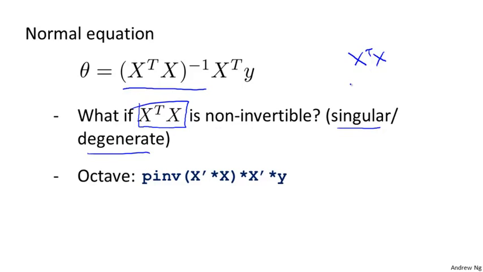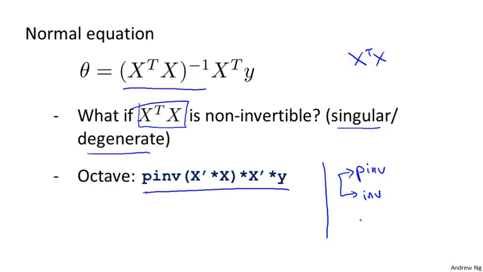And in Octave, if you implement this to compute theta, it turns out that this will actually do the right thing. I'm getting a little technical now, and I don't want to go into the details, but Octave has two functions for inverting matrices. One is called pinv, and the other is called inv. The differences between these two are somewhat technical.